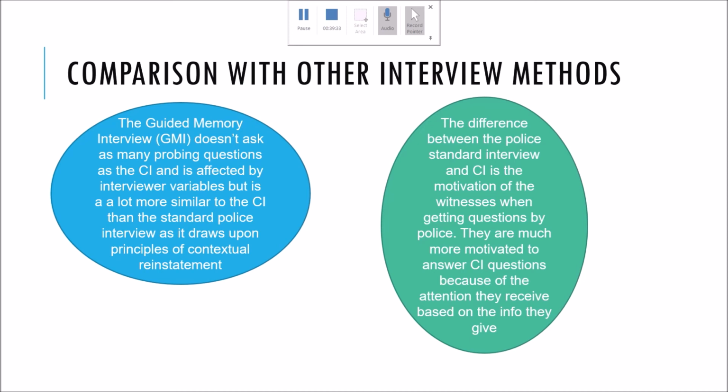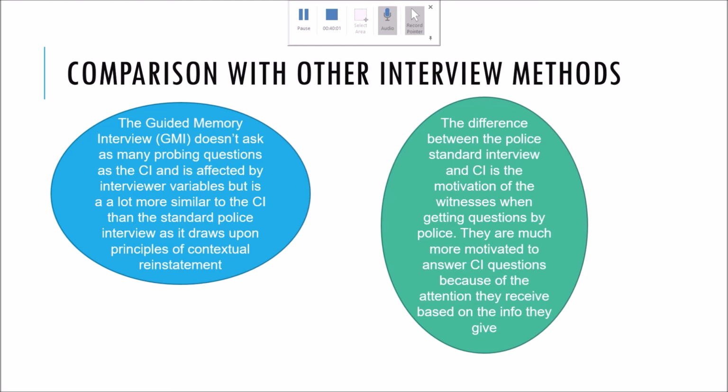Now, this doesn't ask very many probing questions in comparison to the cognitive interview, but it is affected by interviewer variables. But it is a lot more similar to the cognitive interview than the standard one. And that's because it does suggest that we should reinstate some contextual information.